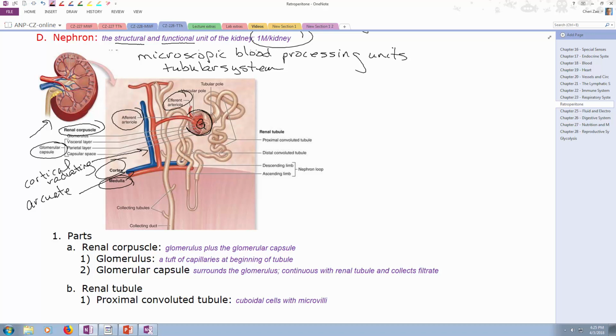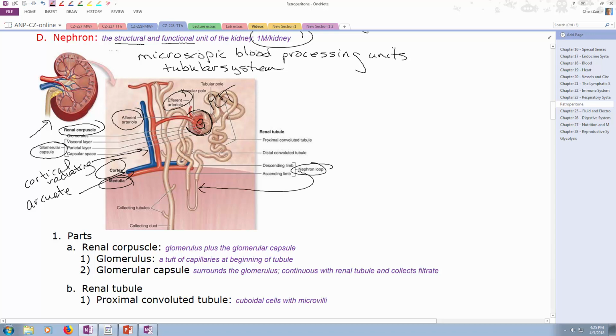Then the fluid is going to flow down our nephron. We're starting with the renal corpuscle as the beginning of our nephron, which is going to go down into the PCT, proximal convoluted tubule. It does indeed look convoluted, all kinds of twists and turns. Then, if you follow this tubular system, it will go down into what's called the nephron loop.